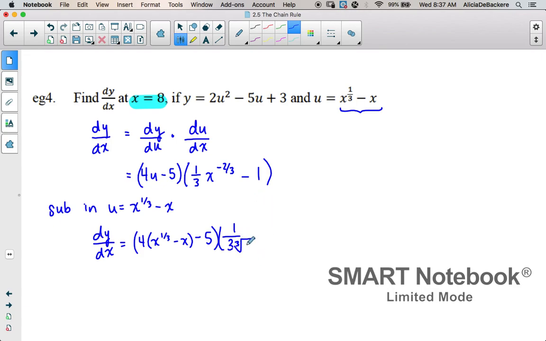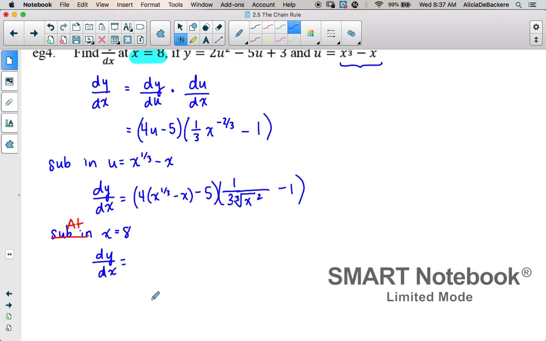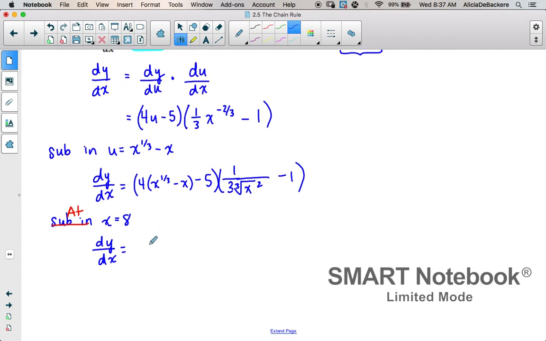The cube root of x squared minus 1. All right, so now that we've subbed that in, we can sub in our x value as well. So instead of saying sub in x equals 8, you could actually say at x equals 8, the derivative is, and again, I just took that fractional exponent and changed it to a root.